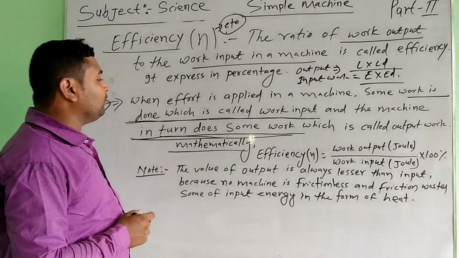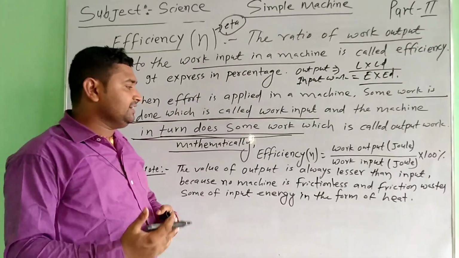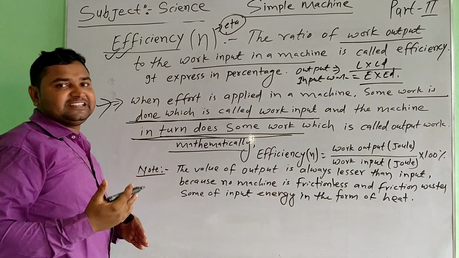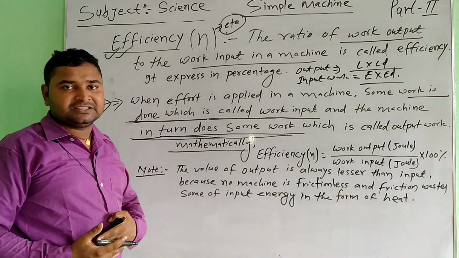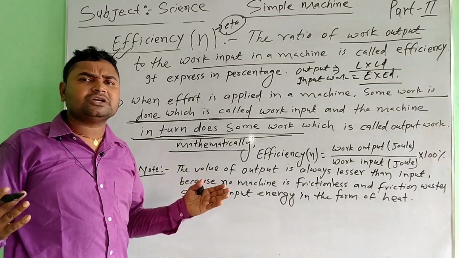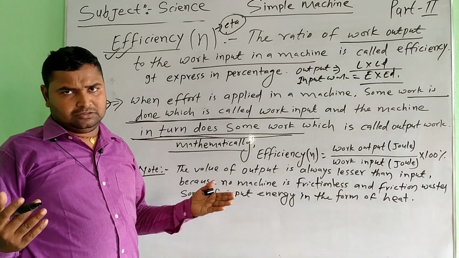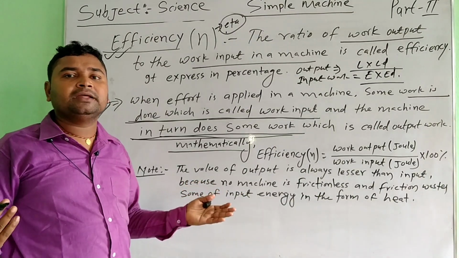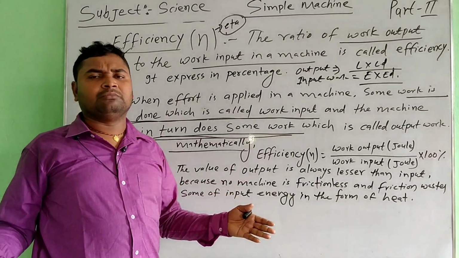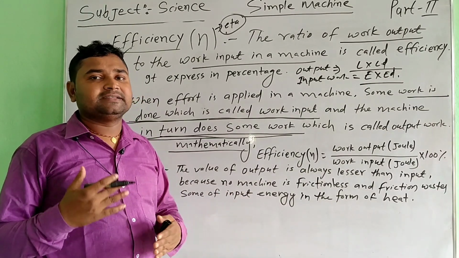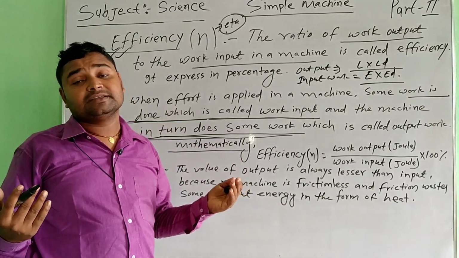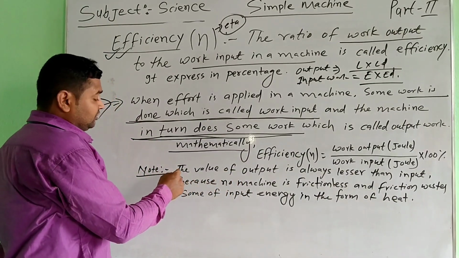It is always expressed as a percentage. No machine gives 100% efficiency practically, because due to the effects of friction it is reduced.